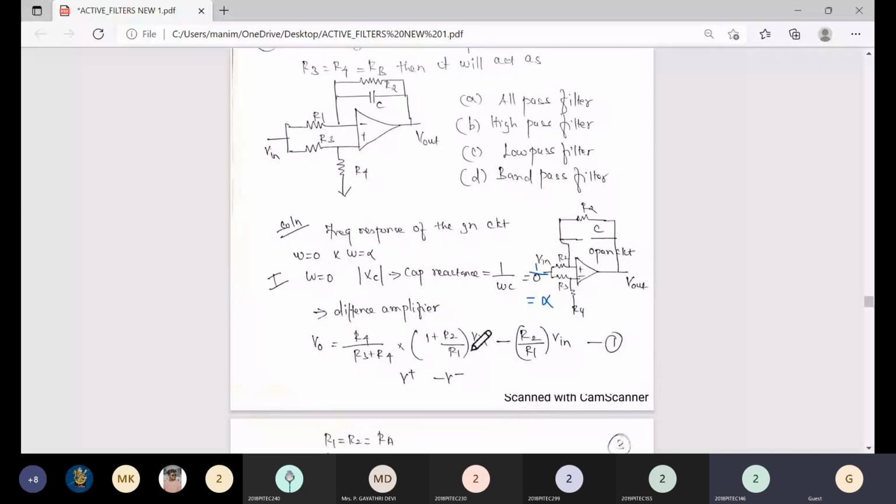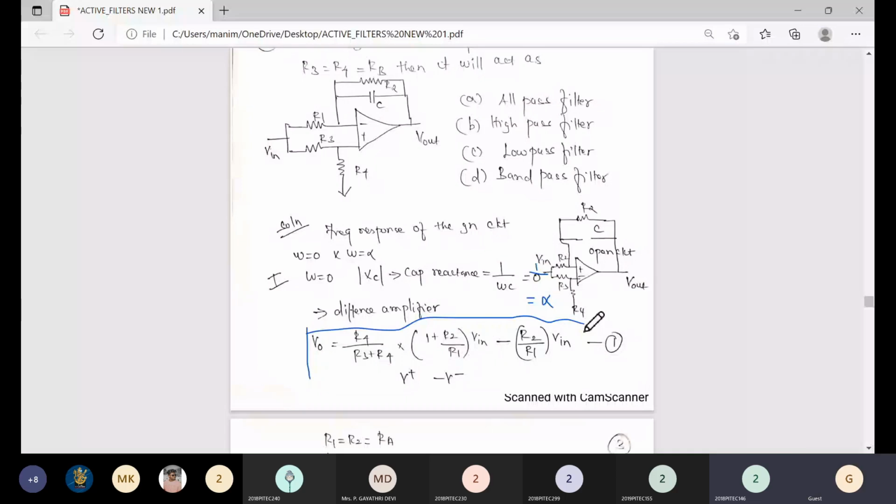You should know how to write the output voltage of the difference amplifier. V0 is the non-inverting voltage term minus the inverting voltage term.